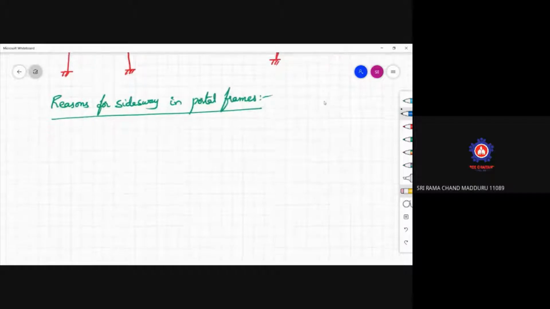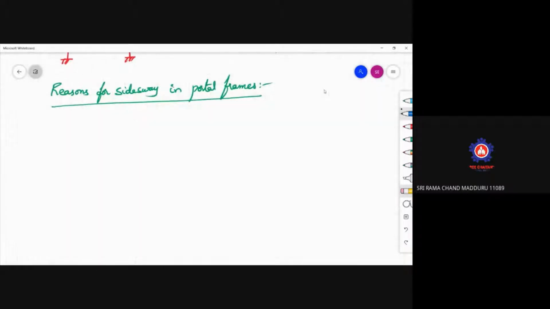Basically the first point is unsymmetrical loading. When there is an unsymmetrical loading on the structure, that is nothing but eccentric loading, that will give sway in the structure.